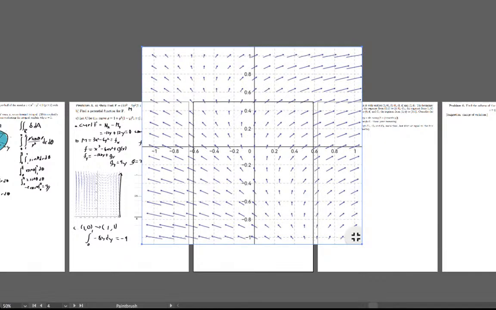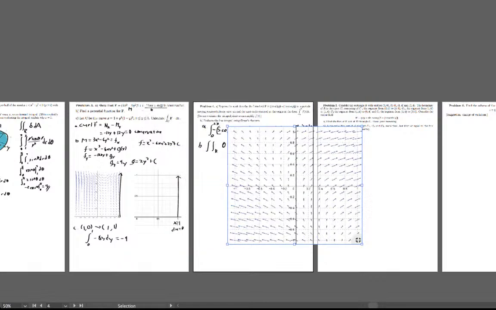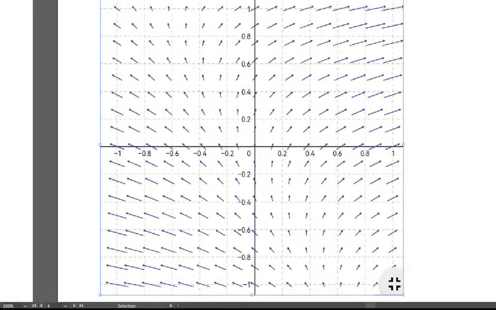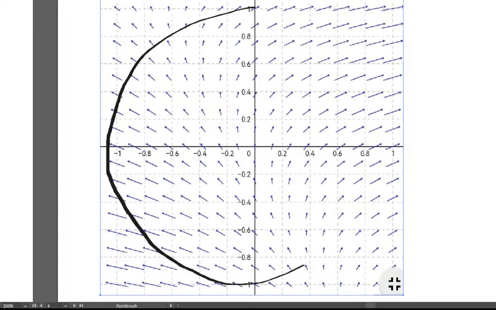You could see it is a pretty ordered vector field, I would say. In here you are just evaluating this entire thing.